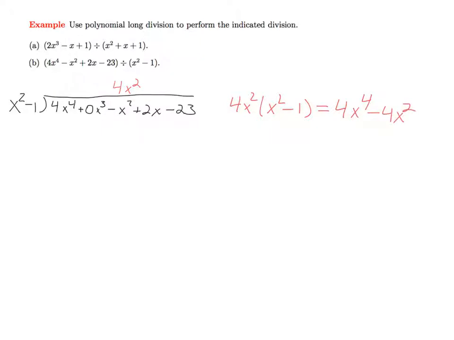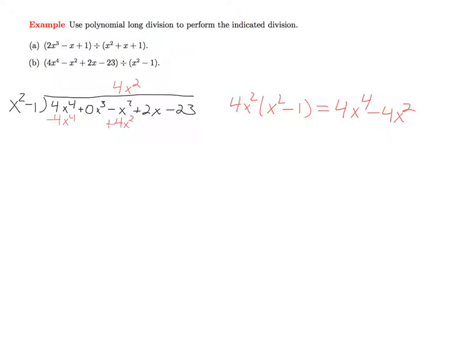Now I'm going to subtract this underneath the division sign. So I'm going to subtract 4x to the fourth, and when I subtract minus 4x squared, that's the same thing as adding 4x squared.